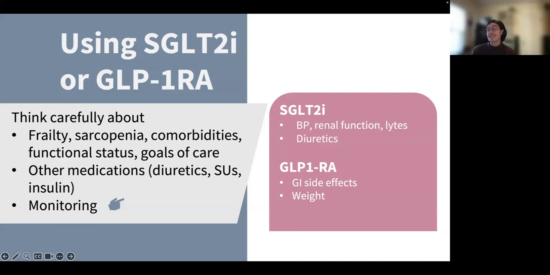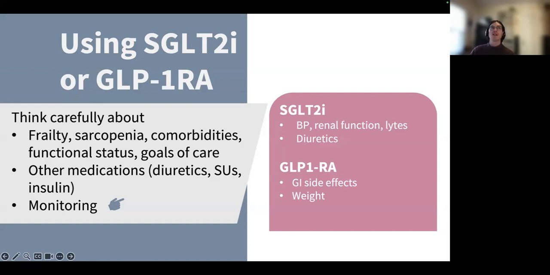And then if there is a decision to initiate one of these agents after a careful discussion with the patient, it's really important to be monitoring. So for example, with SGLT2 inhibitors, watching blood pressure, renal function, dizziness, and then consider whether there are any other medications which might need to be adjusted.